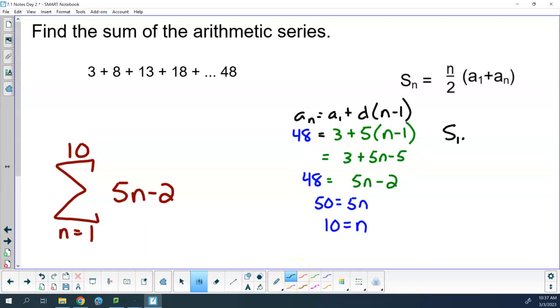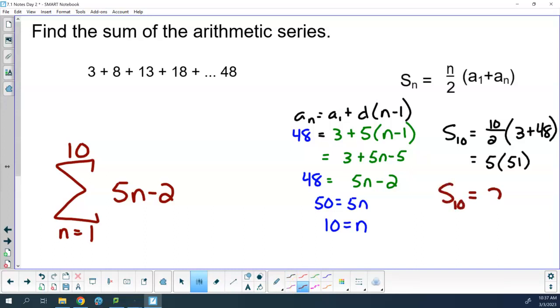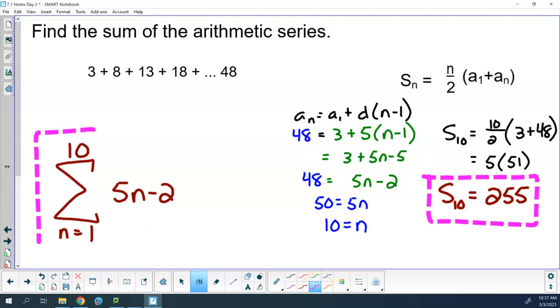So the sum of the first 10 terms is going to be 10 divided by 2 times 3 plus 48. 10 divided by 2 is 5. 3 plus 48 is 51. 5 times 51. So the sum of the first 10 terms is 255. Agree? All around.